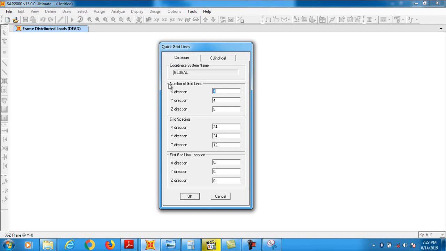We have two axes in x direction, one axis in y direction, and two axes in z direction, clear. The distance between x1 and x2 is 24 feet. The distance between y1 and y2, we ignore it, let's say this is 1, and the distance between z1 and z2 is 10 feet. I expand these points, clear.